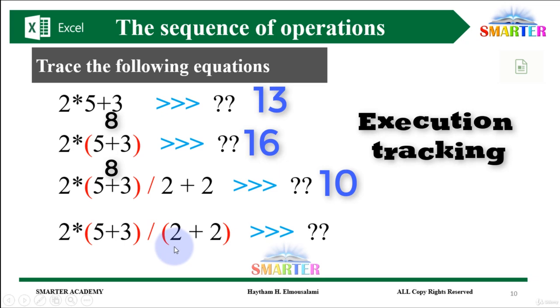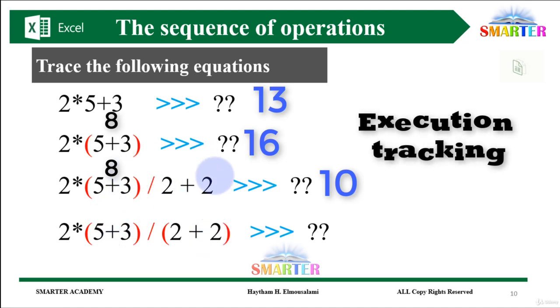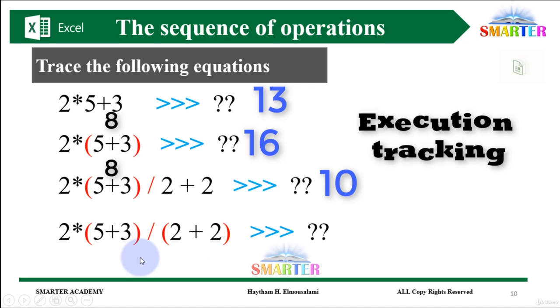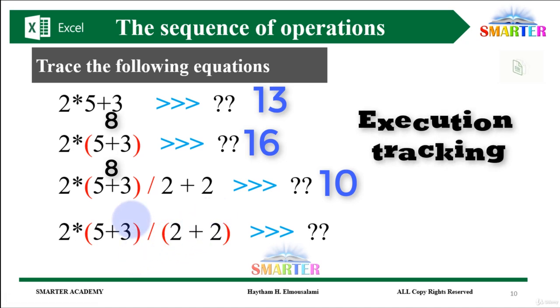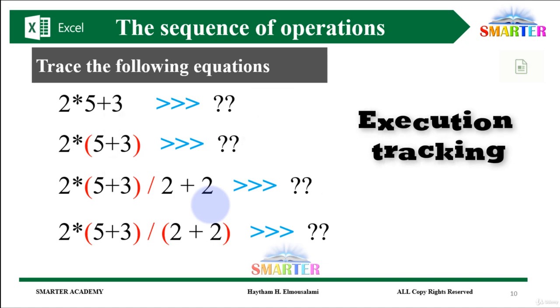And parentheses make priority to addition over division. So 2 plus 2 is 4. After that we can apply division. So 16 divided by 4, the final result will be 4. Okay?